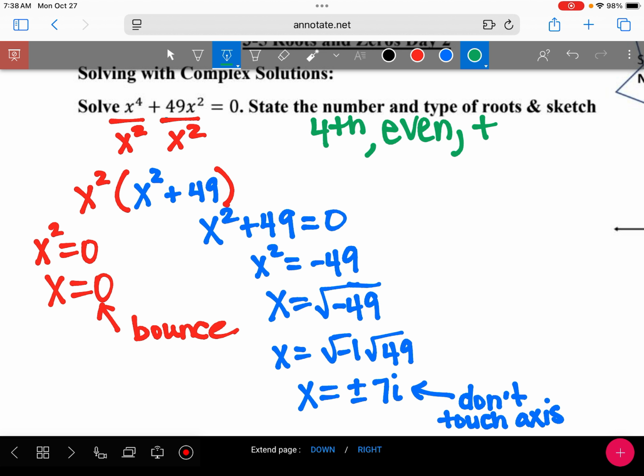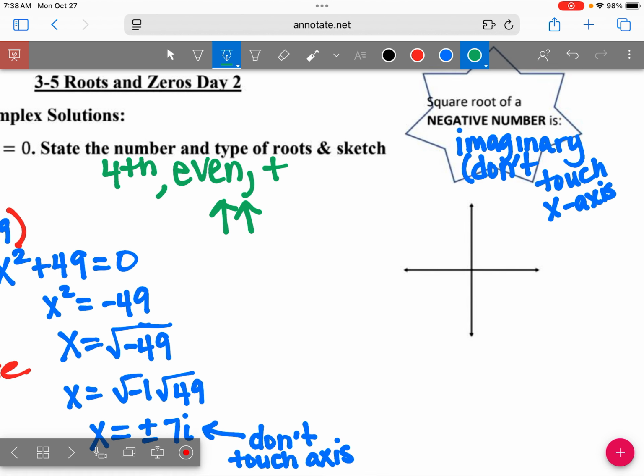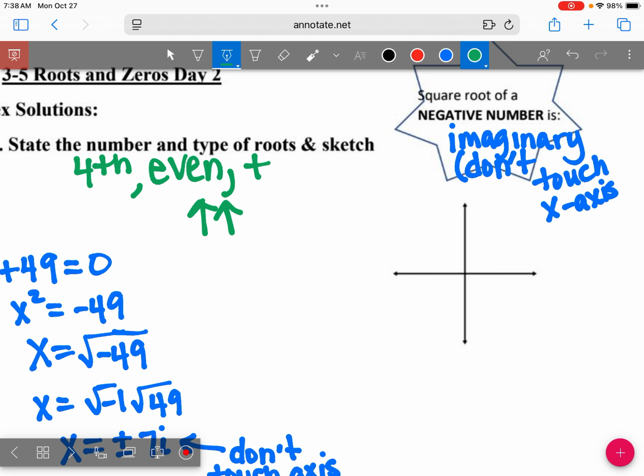Both go up. All right, so let's go ahead and graph it. So the main thing we have to keep in mind is we do have a point here. And then you just need to put a point somewhere above the x-axis because it's positive. It really doesn't matter. I'm going to put it here.